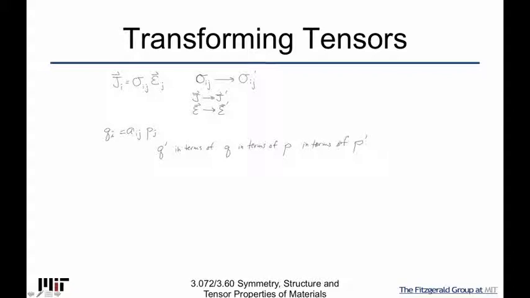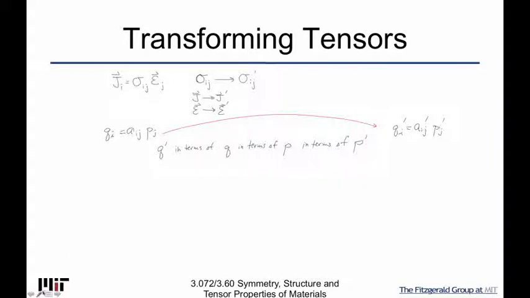But if I put p in terms of p prime and I put q prime in terms of q, then that gives me a direct link of q prime to p prime, and that should allow me to understand a ij prime out of this whole thing. Because at the end of the day, what I'm after is that. So I want to go from where we are right now, and this one, all the way over to that one.